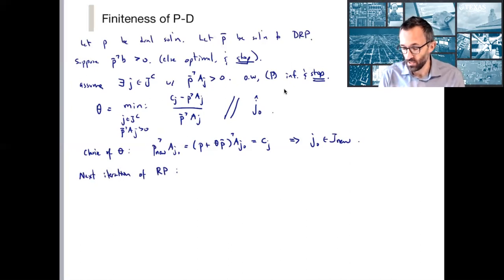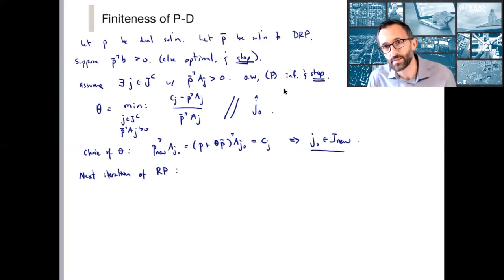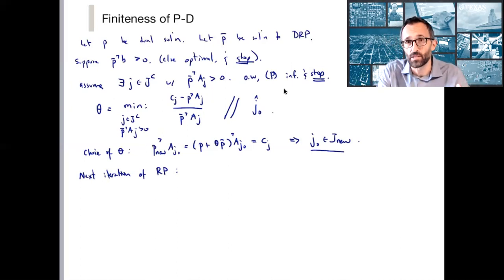So that means that this j0 is not in our old basis. And the previous slide told us that we were going to restart restricted primal from the basis where we were previously. j0 is not in that basis, and that new column is guaranteed to have a strictly negative reduced cost.